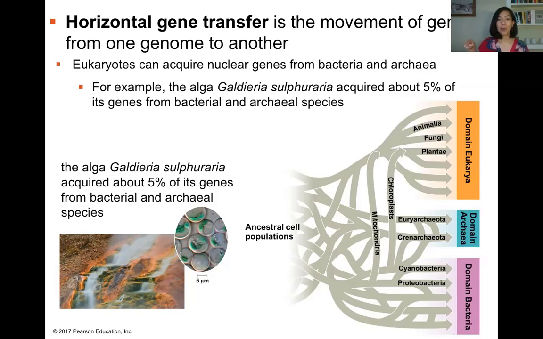So this is a very cool example of horizontal gene transfer, the acquisition of genes from a foreign species. And when we have that, it can result in this very messy pattern that we see in this more network-type representation. Instead of having this bifurcated phylogenetic tree, now we have more like a network, right? So in here, we also have the representation of the transfer from the mitochondria and the chloroplast.